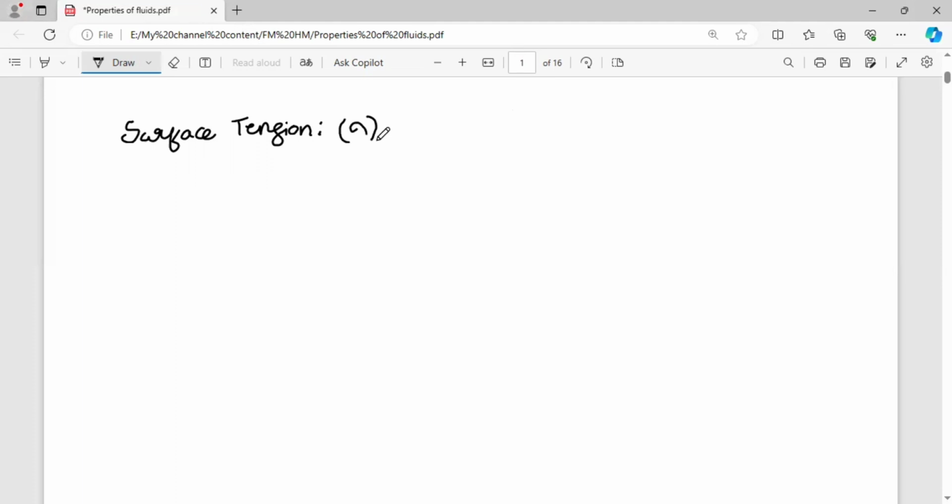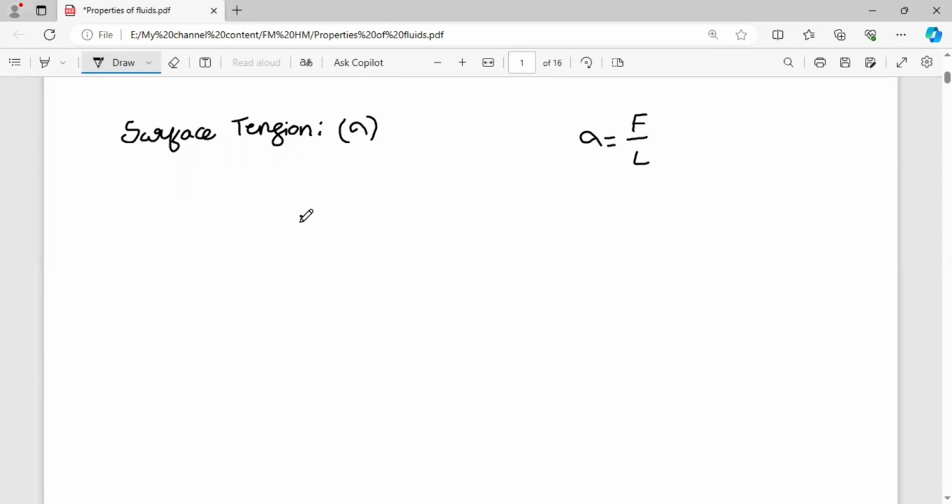First of all, the basic definition of surface tension is force per meter length on a liquid. That is, surface tension equals force per unit length.